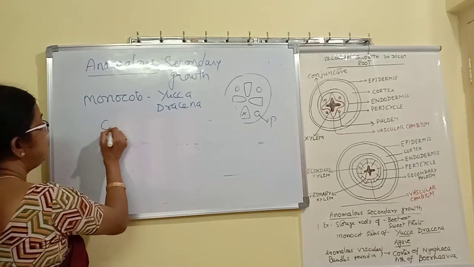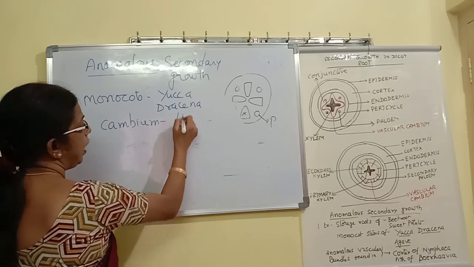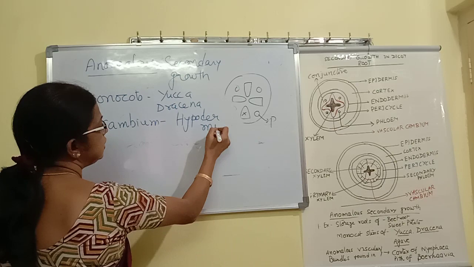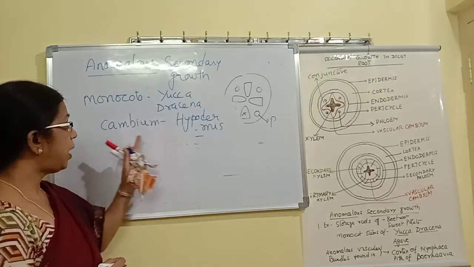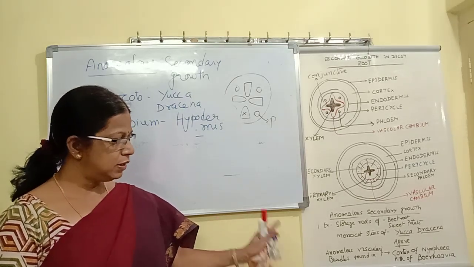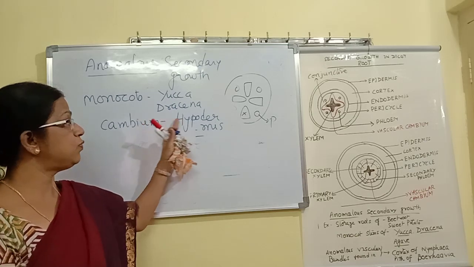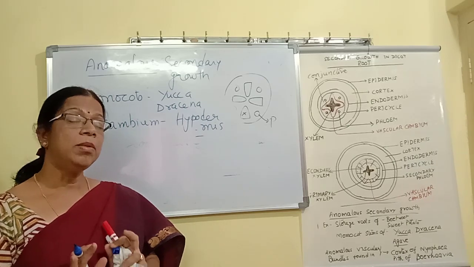How is cambium formed here? Here cambium is formed from hypodermis. Hypodermis is a layer present below the epidermis. So meristematic tissue or cambium is formed from hypodermis, not directly present in vascular bundle.